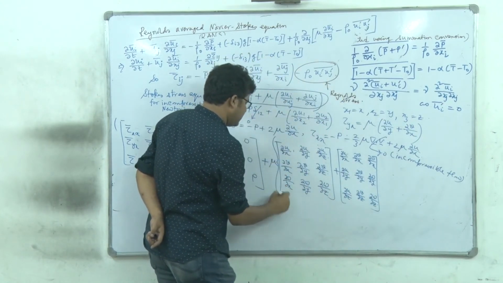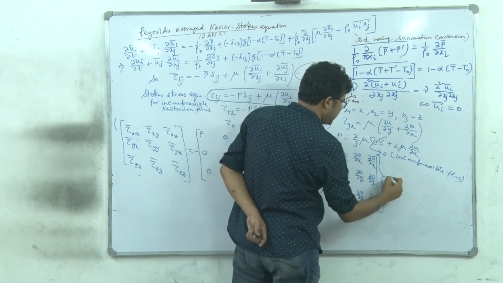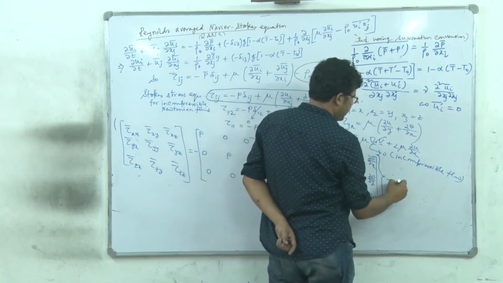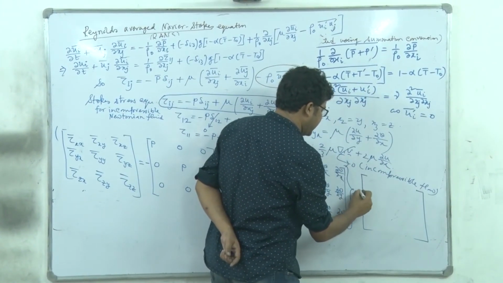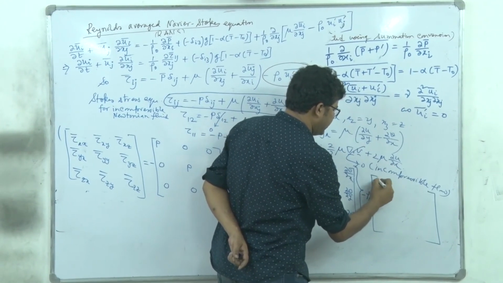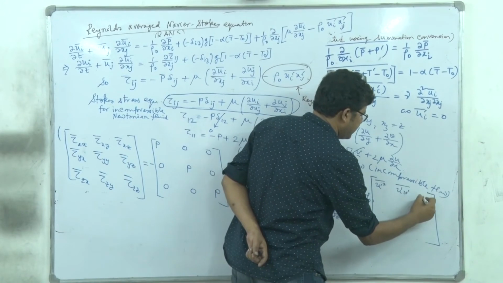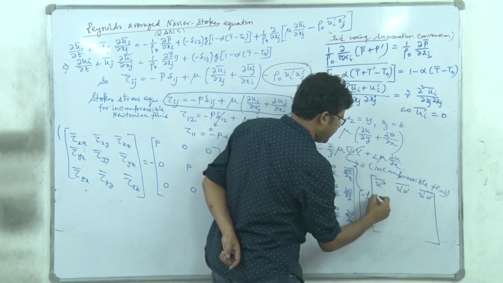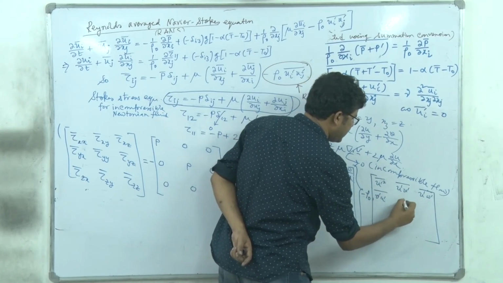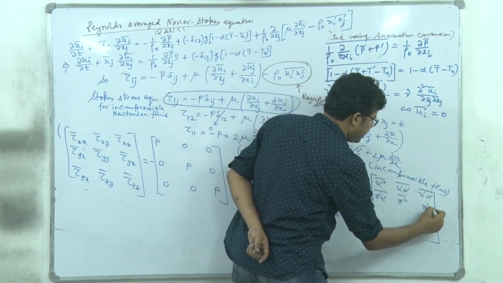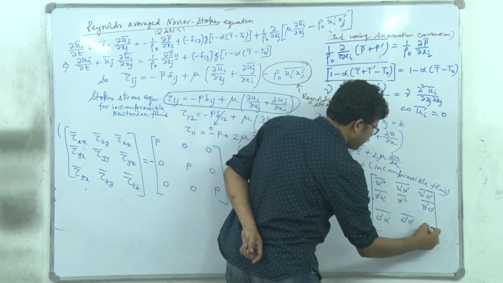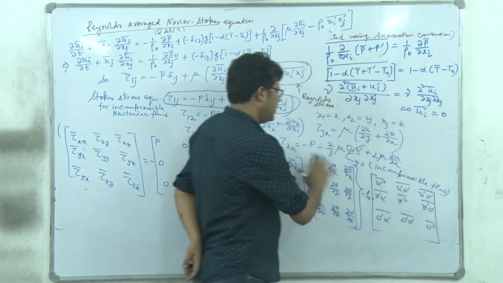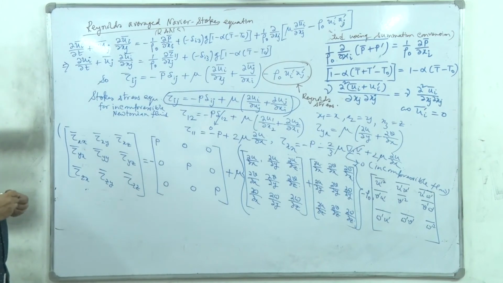So this is the typical Newtonian stress part, and then minus, we can write this minus of rho naught outside, U prime square, U prime V prime, U prime W prime average, then V prime U prime, V prime square, V prime W prime average, W prime U prime, W prime V prime, W prime square average. So this is the general form of the average stress tensor, right?